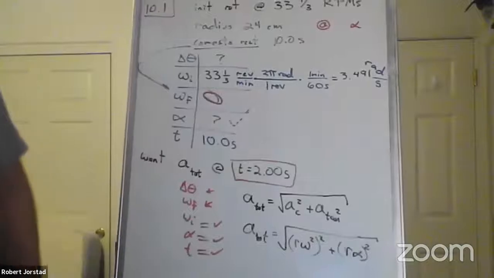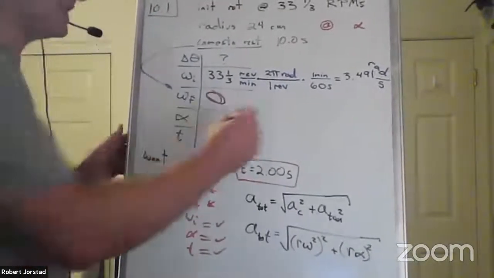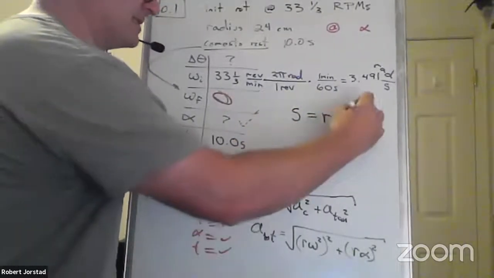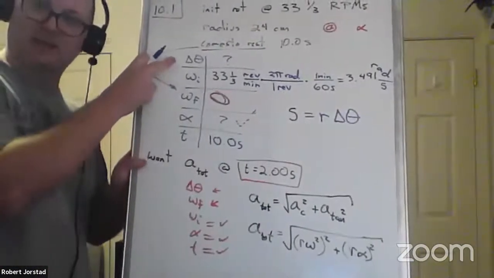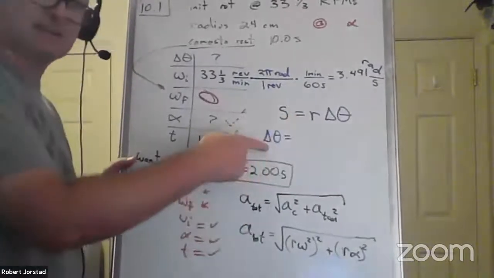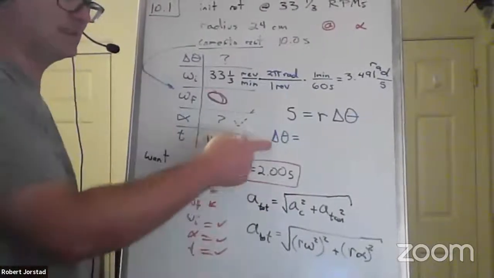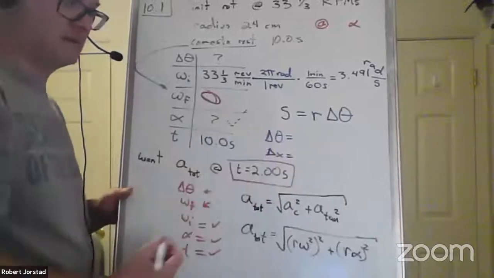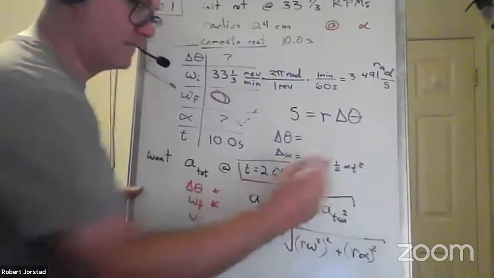So now, what do I need to do? I want the angular distance traveled. We said that's the arc length, but I know that arc length is equal to R times delta theta. Well, I bet there's a kinematics equation I could use, and it's probably delta theta equals, somebody tell me what delta theta equals. Try it without looking at the sheet. Remember, it's just like the delta x equation, which was v t plus 1/2 a t squared.